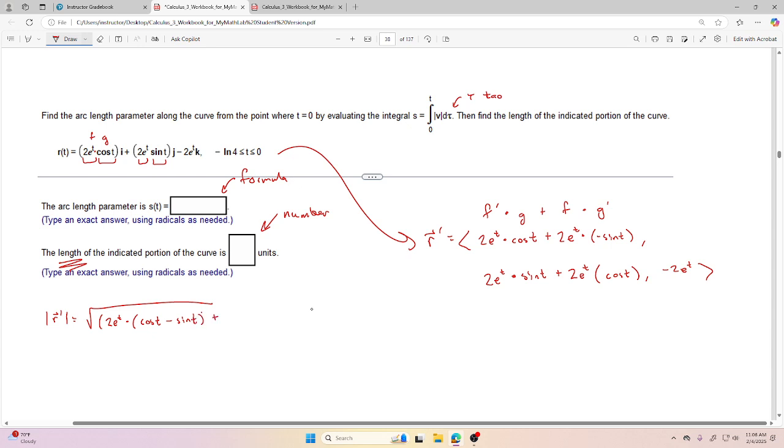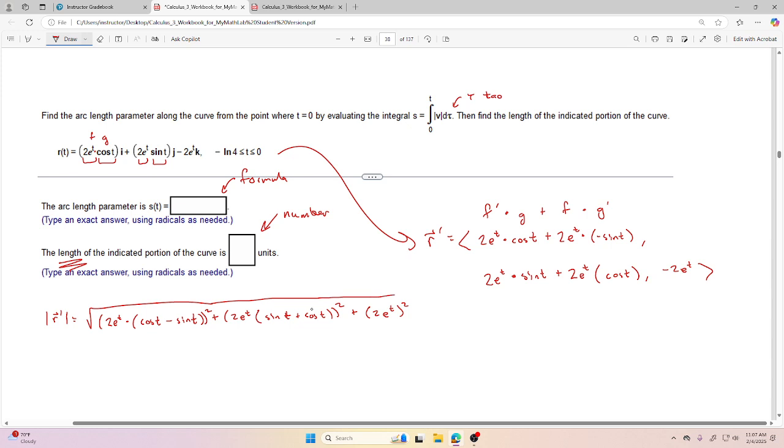And then all this is squared. And then factor out the 2e to the t again. This time I have a sine plus a cosine. I hate putting little t's on them sines and cosines. And then I just have this 2e to the t, and that whole thing is squared.